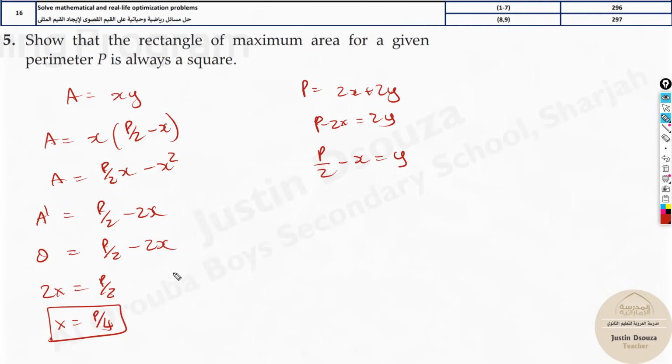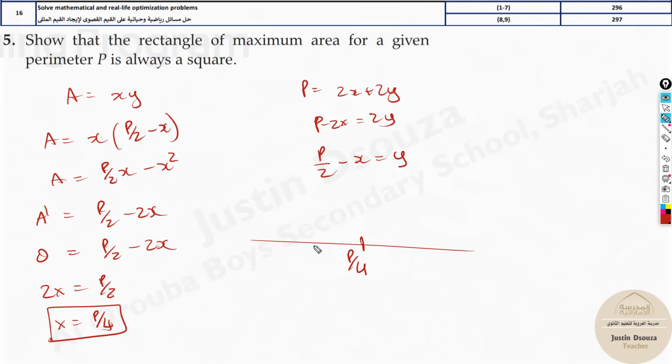Now here we don't have x in any denominator, right? So x must be greater than 0 for sure. Now to prove it, let's do the number line. Sorry, that's a crooked line. It's slanting down, but anyways, x is P by 4. Any value less than P by 4, you can take it as P by 8.